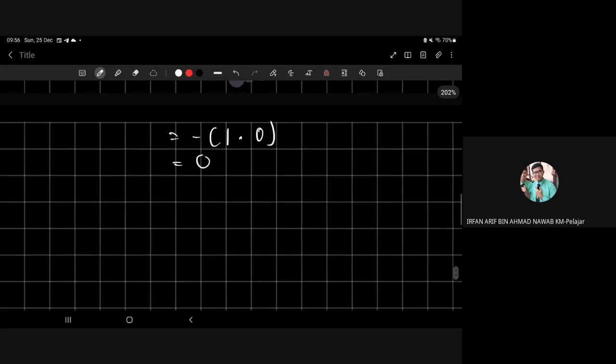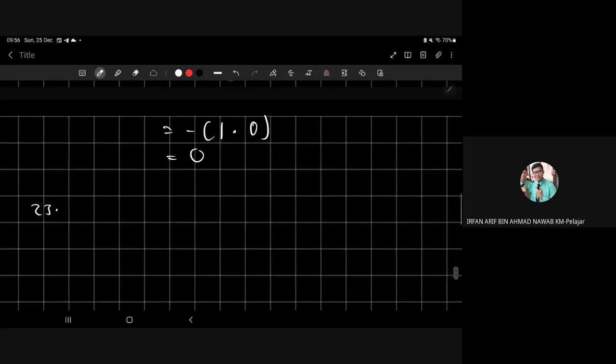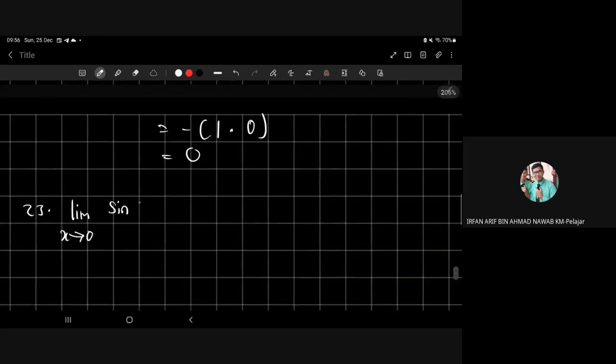Question 23 asks for the limit as theta approaches 0 of sine of square root of 2 theta over square root of 2 theta.